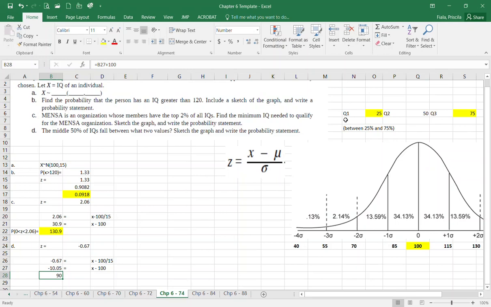So it's really this 50% of IQs will fall somewhere right here. And like we just calculated on the 25, we have a Z of minus 0.67. So it's about here. And therefore the other side, it's gonna be like a mirror, but it's gonna be on the positive side, which is gonna be 0.67 instead of a minus.